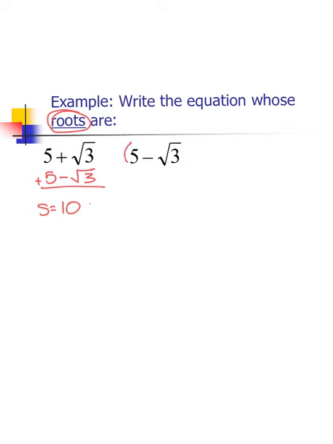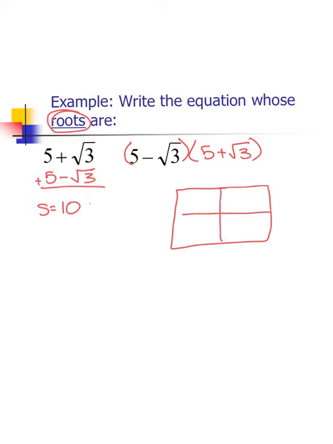To find the product, I have to multiply them, the 2 roots. So either double distribute or do the box. I know a lot of kids like the box, so we're going to write 5 minus radical 3, 5 plus radical 3. This is 25. This is minus 5 radical 3, plus 5 radical 3, minus radical 9. When I see this radical 9, I'm thinking the square root of 9 is 3.